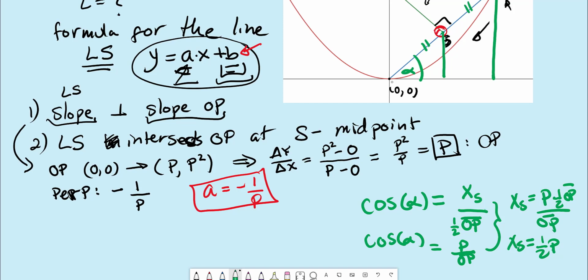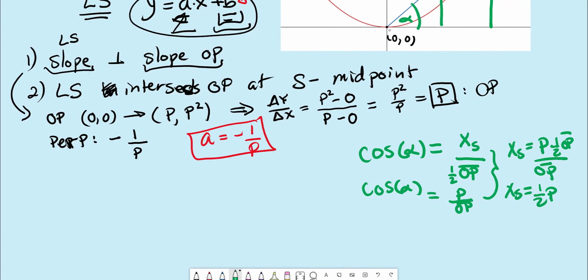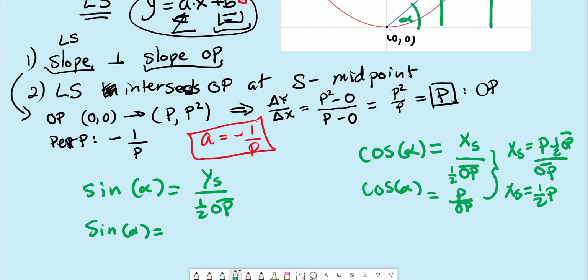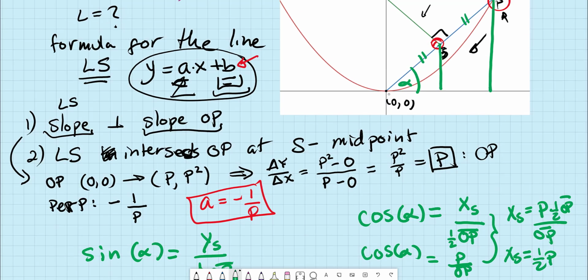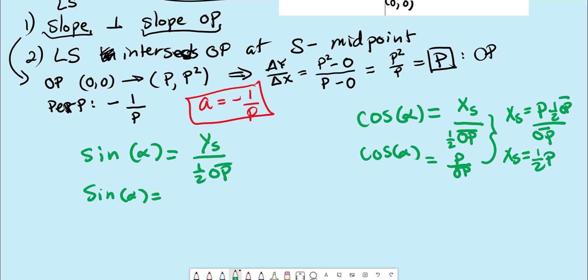In a similar way, but for Y we just look at the sine of alpha. So sine of alpha equals, now we have the height at S, so we'll call that YS, divided by half of the length OP. And on the other hand, sine alpha equals the Y at the point P, which is just P squared, because it's on the parabola, divided by the entire length, which is OP.